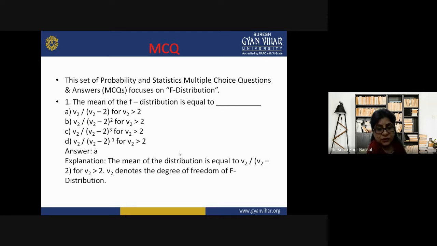There are four options, A, B, C, D, and the answer is option A. The explanation is that the mean of the distribution is equal to V2 over V2 minus 2, for V2 greater than 2, where V2 denotes the degrees of freedom of the F distribution.